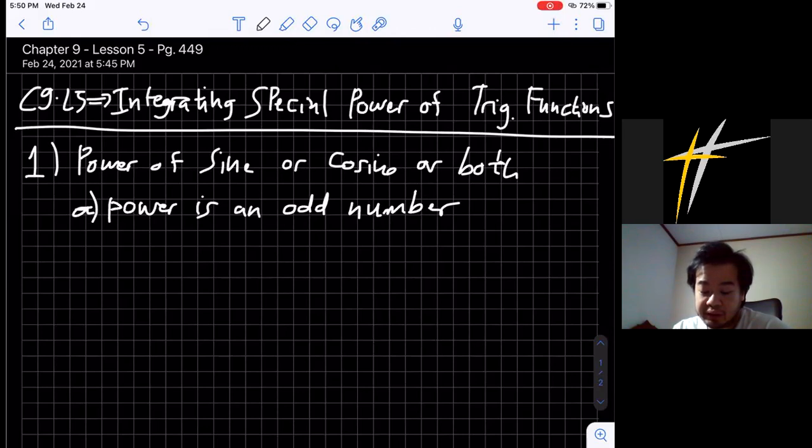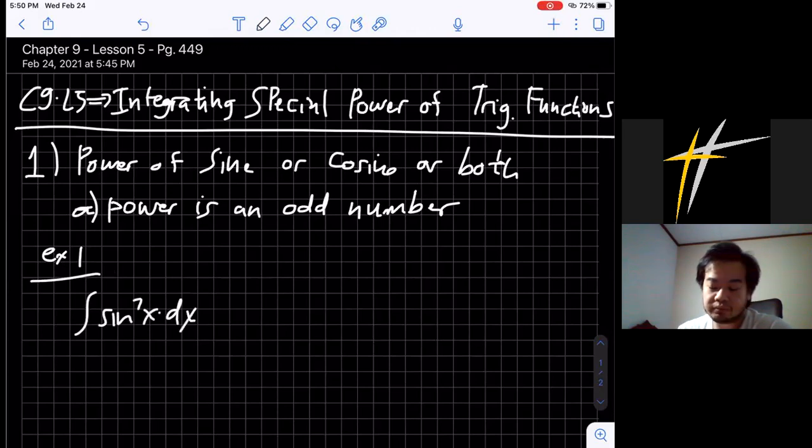Okay, so I'll give you the first example. Let's say example one, and I can take the example from the book. Example one in your book: integral of sine power 7x. The first step is to split the sine power of 7x into a single power of sine with the rest of them.